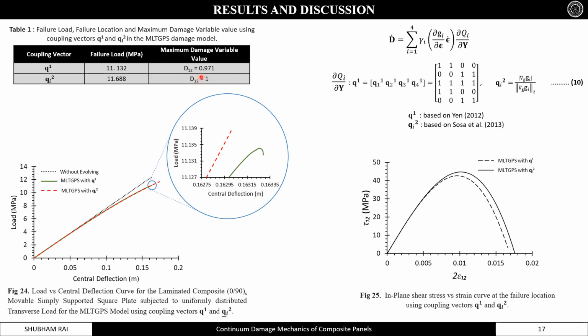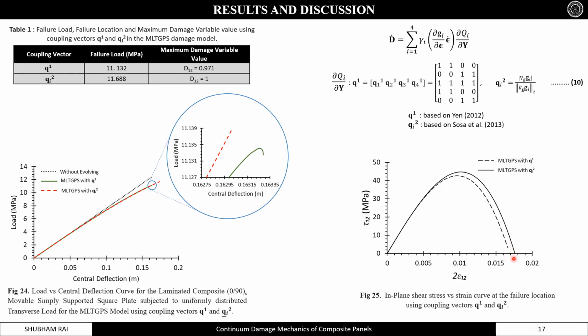We have also plotted the in-plane shear stress curve at the failure location of the plates. So here we are able to see that since the damage variable values are almost close to 1 for the first and equal to 1 for the second, the shear stress at that material point is either 0 or close to 0.